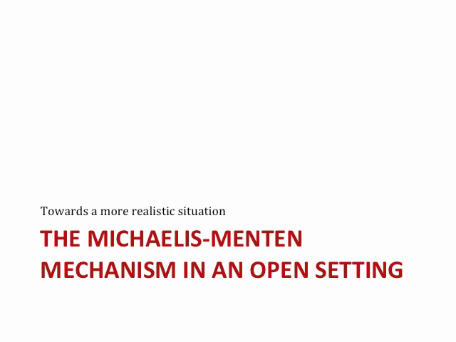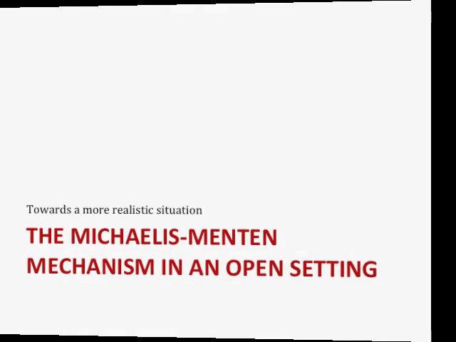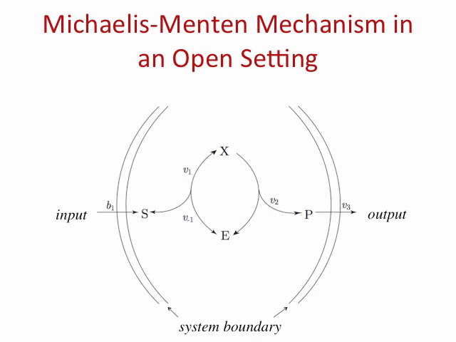What we will do now is to look at the same sort of situation, except with an enzyme catalyzed reaction. And in doing so, there are a couple of additional lessons that we will learn. So now we are going to look at the Michaelis-Menten mechanism operating in an open setting.